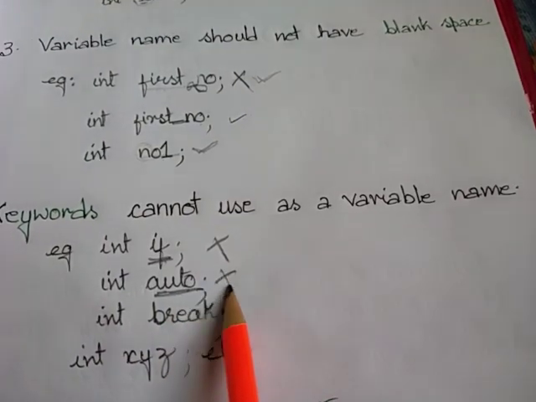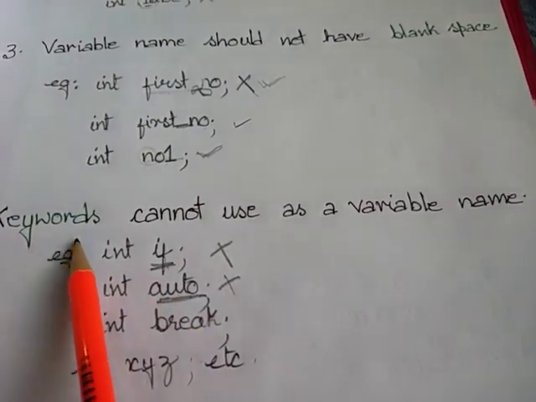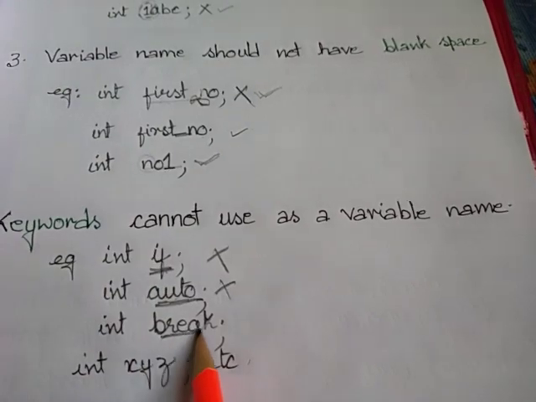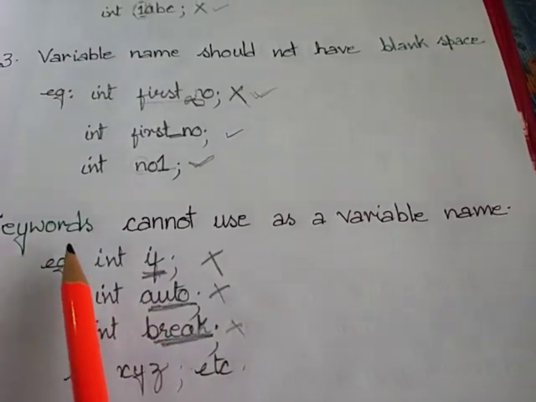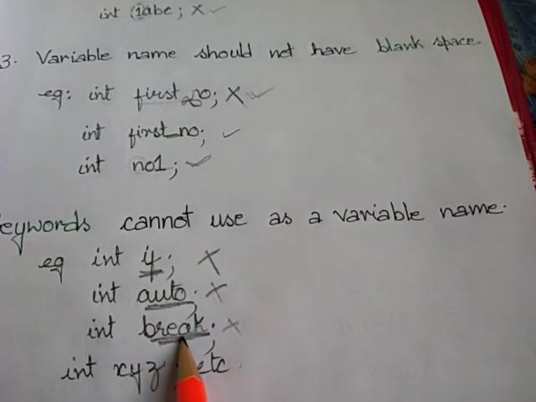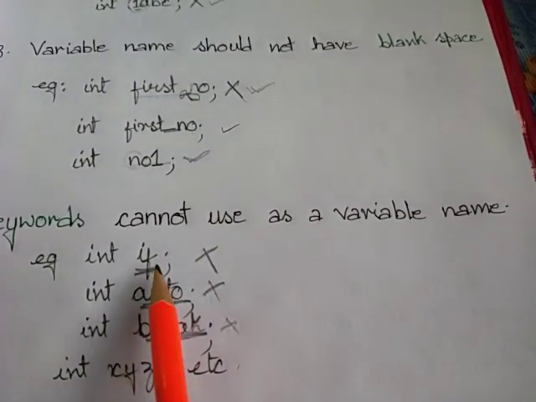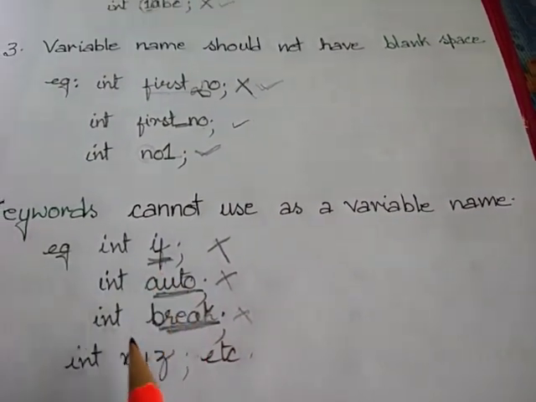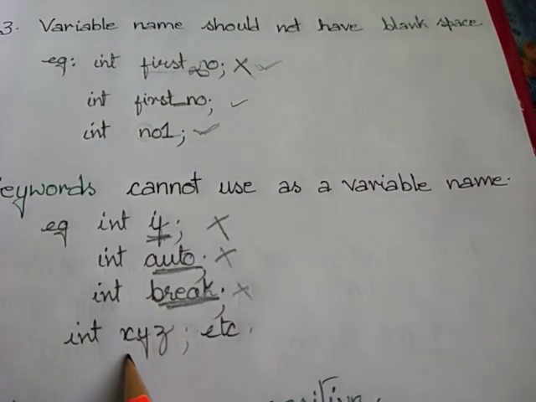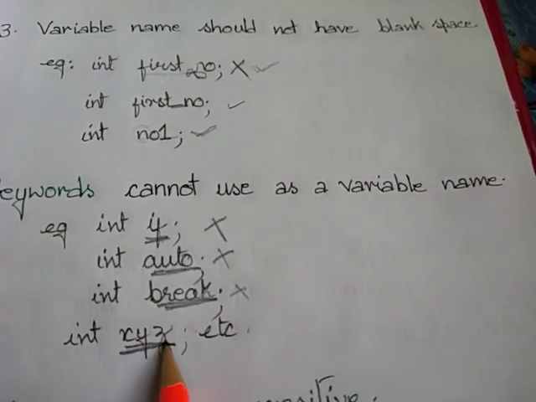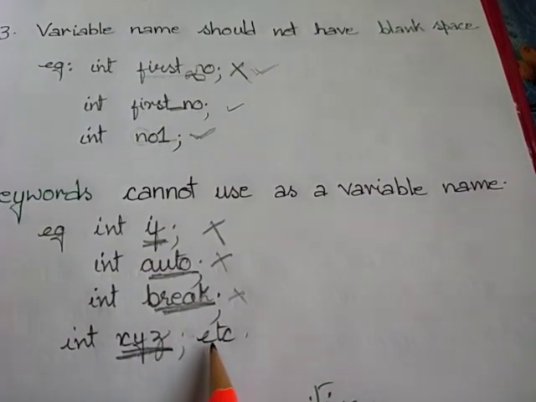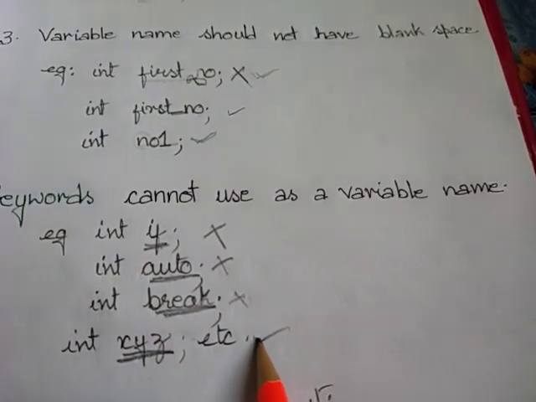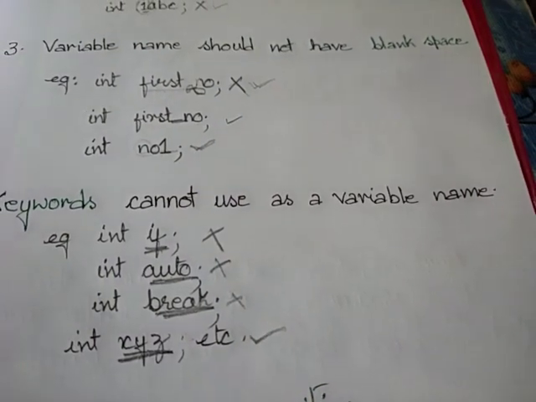Again it is not allowed because auto is a keyword. Or break. Again, it is not allowed because break is a keyword. So it cannot be the name of the variable. Instead of using keywords, you can give any name. For example, here I give the name of my variable as XYZ. XYZ is not a keyword. Therefore, it is allowed as the name of your variable.